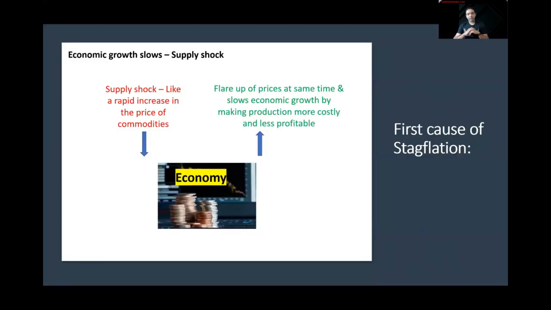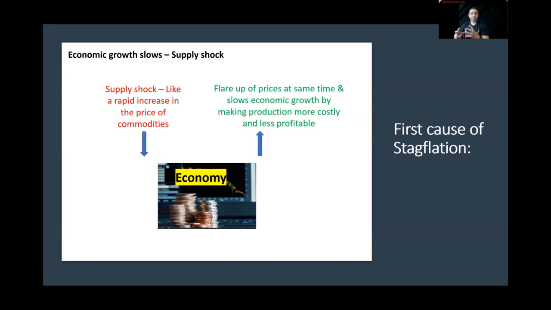Now, let's understand the two major causes of stagflation. The first cause is that economic growth slows. That is, there's a supply shock to the economy, and a supply shock looks like a rapid increase in the price of materials and commodities. It could be cost led primarily.